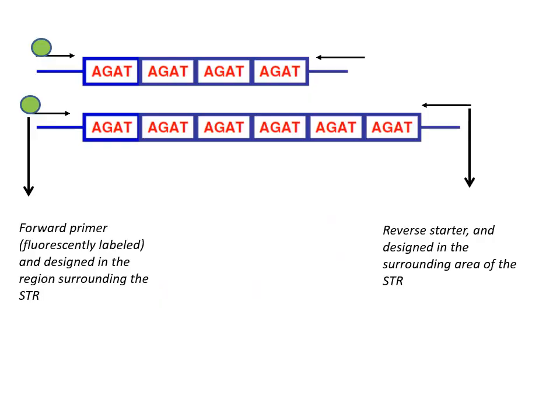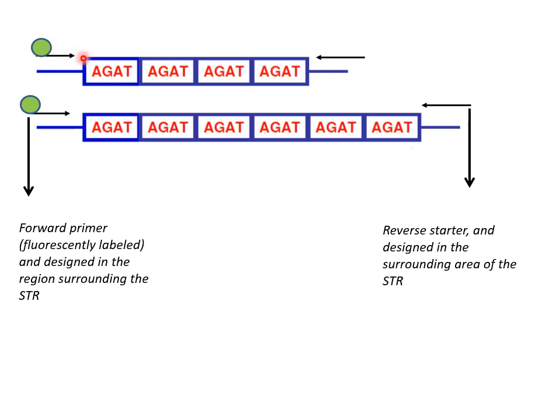So the primers are designed in the common area, forward, reverse, and extra modification. One of the primers on this scheme, the forward primer, is fluorescently labeled. So after the PCR reaction, if this locus was amplified, we will obtain 2 different PCR products.